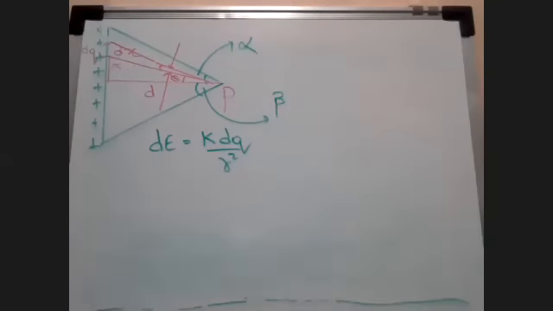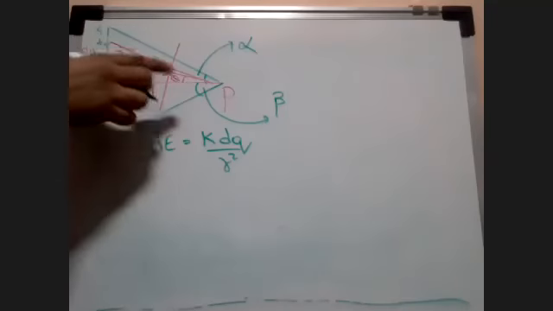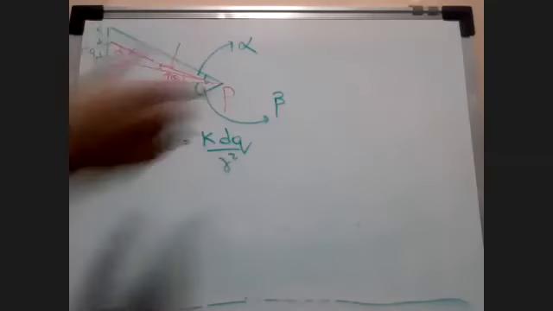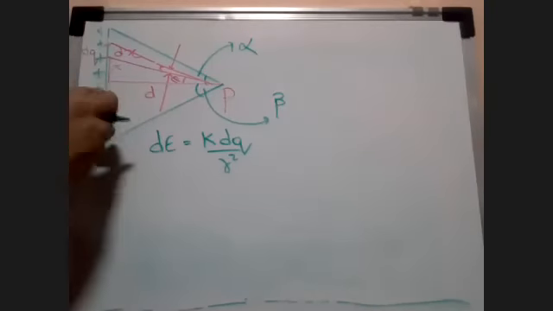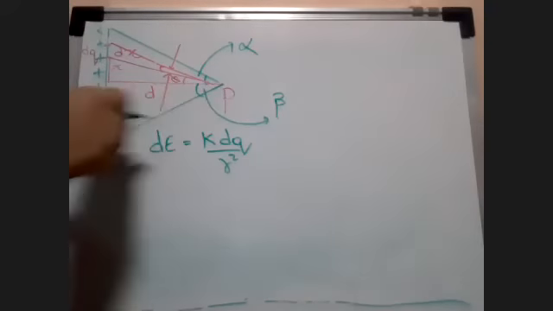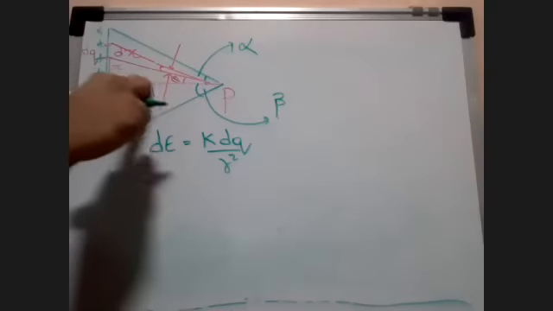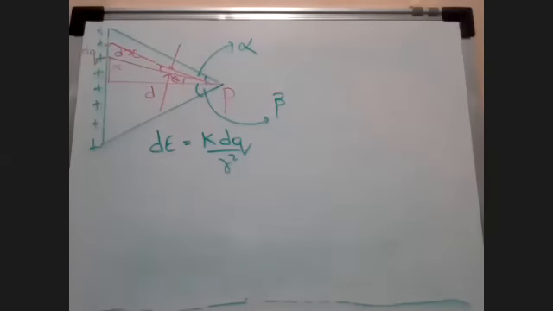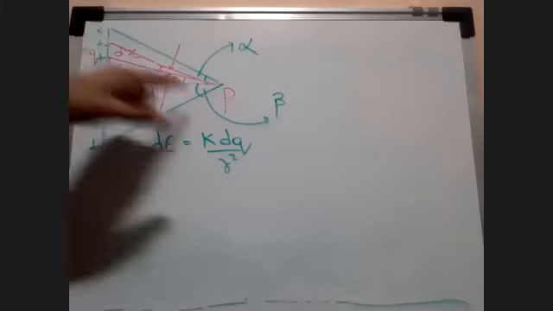Now, what is r? It is the distance between these two points. From the center of this charge, the distance at a is equal to d. The length is equal to d, and a small length which I have taken x over here. So it is simply going to become the hypotenuse.